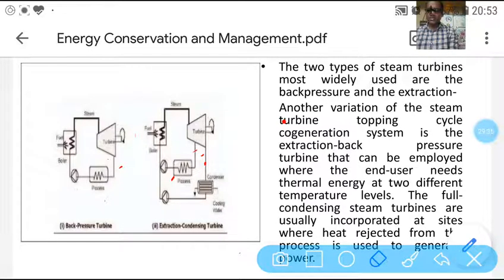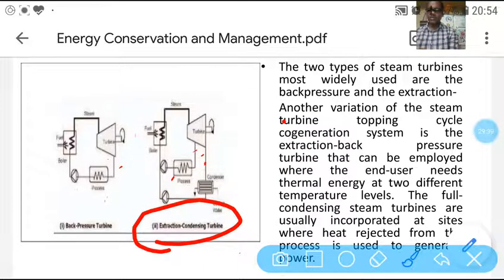So this type of steam generation is suitable for medium to big scale industry, where they can adjust their own electricity and process heat according to how much steam bleeding there will be.